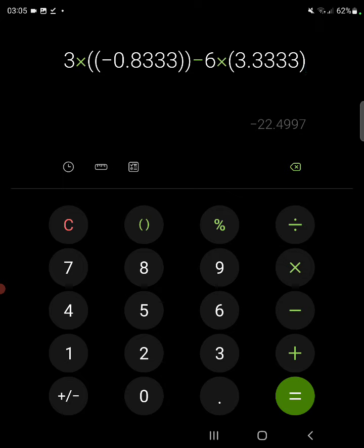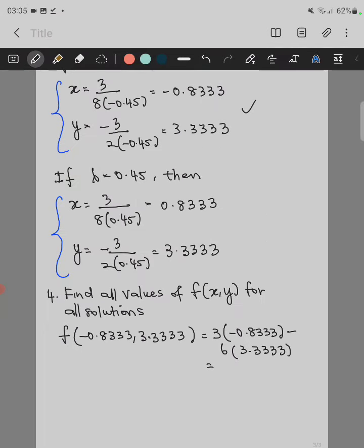We have this value, which is about minus 22.5, near to this number.